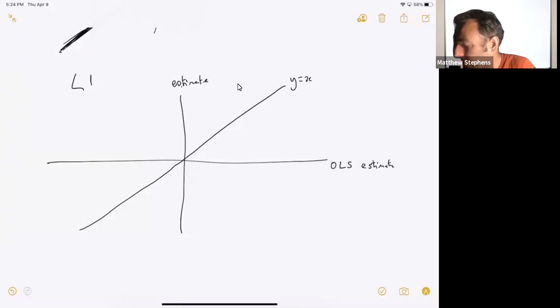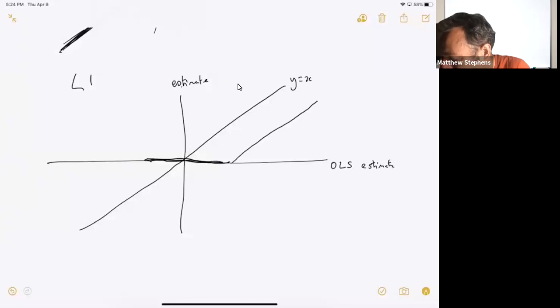So again, you can think about the L1 solution in this special case as: compute the OLS estimate and then apply what's actually called the soft thresholding operator, which if you remember was, if it's less than lambda, the estimate gets set to 0. If it's more than lambda, you subtract lambda.